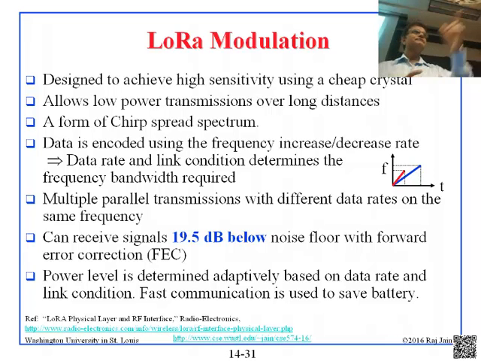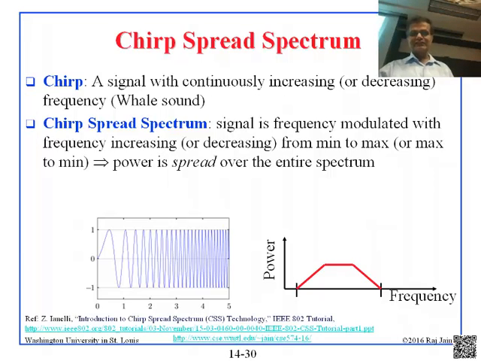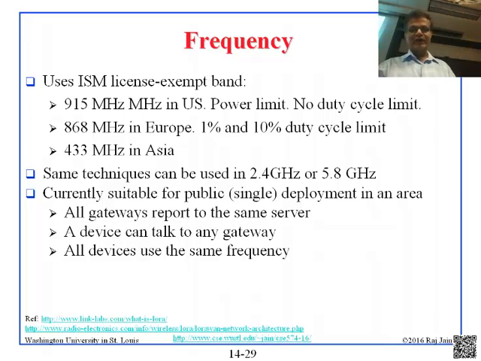You just talked about the advantages of this LoRaWAN. What are the disadvantages? It should be a trade-off. I think we already talked about this one. I can tell you two at least. One is that single deployment is not good. Right now it has to be owned by the city, not by the electrical company.